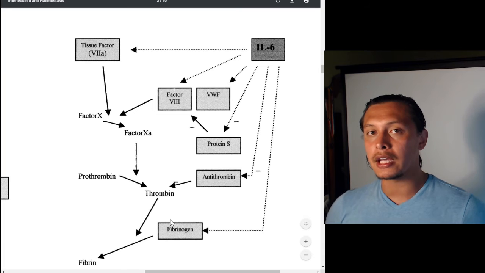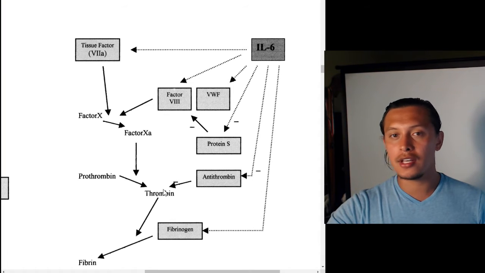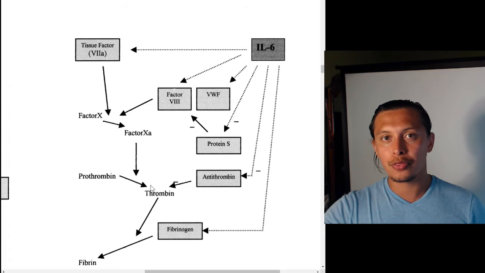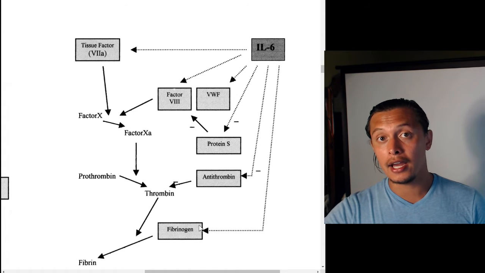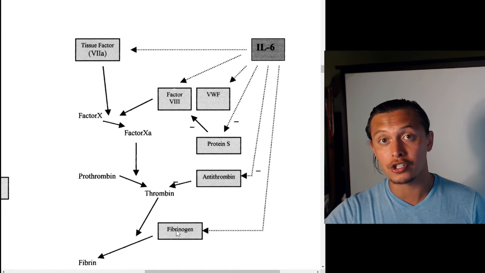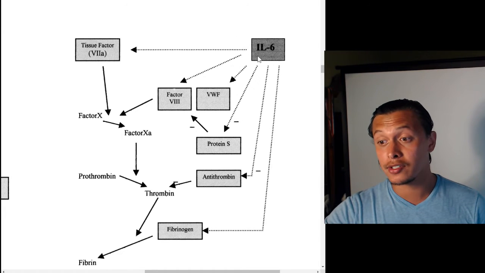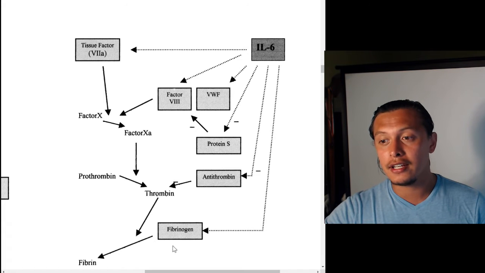But what is unique about iron is that it doesn't need thrombin. Iron does not need thrombin to turn this fibrinogen into a clot. It doesn't need thrombin at all to cause a clot with fibrinogen. So basically, interleukin 6 is making all this fibrinogen as a result of iron, but it doesn't even need this thrombin.